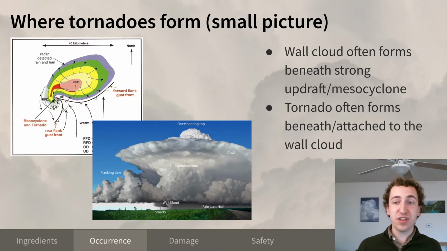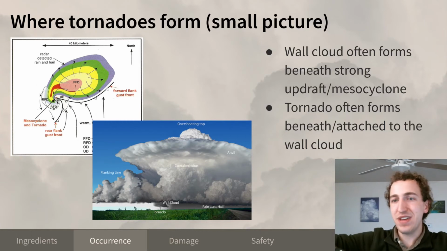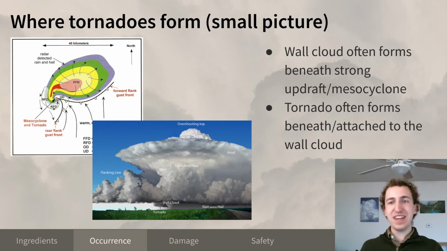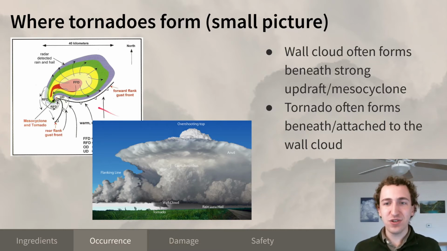If we look at the small picture, that was where storms that produce tornadoes tend to be. If we want to know where in the storm the tornado lives, we go back to the supercell diagram I talked about before. You've seen both of these before in the lecture videos: we tend to get the tornado right underneath the mesocyclone, or right underneath the main rotating updraft of a supercell.